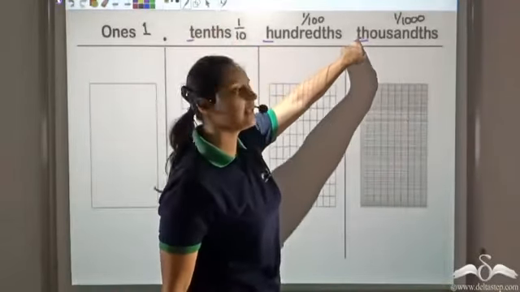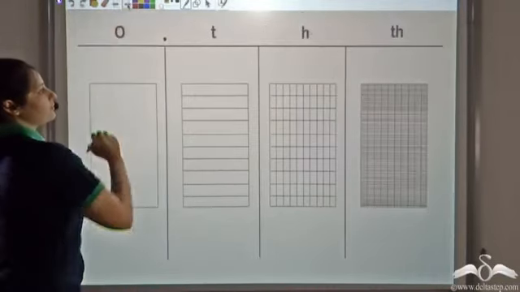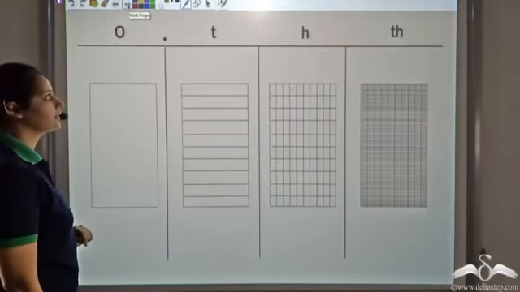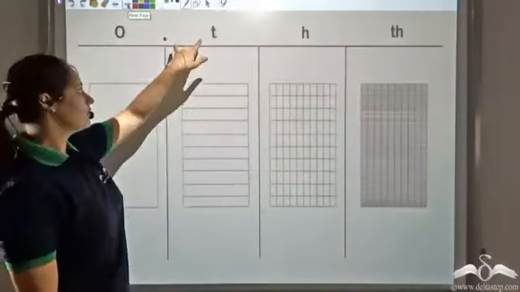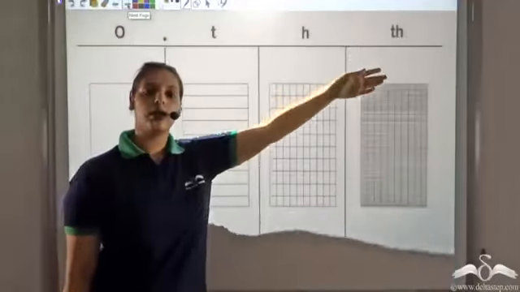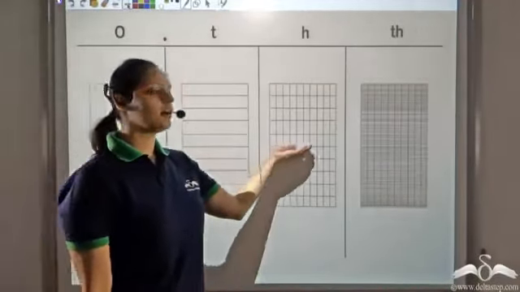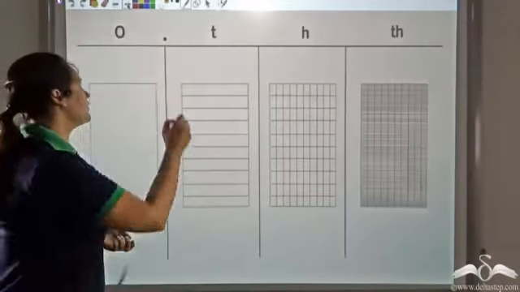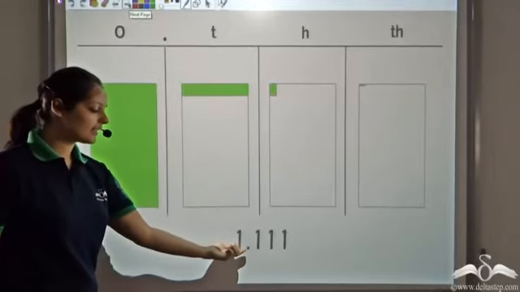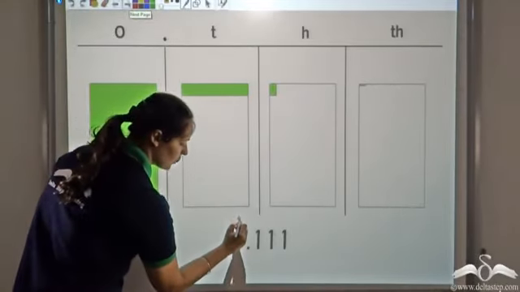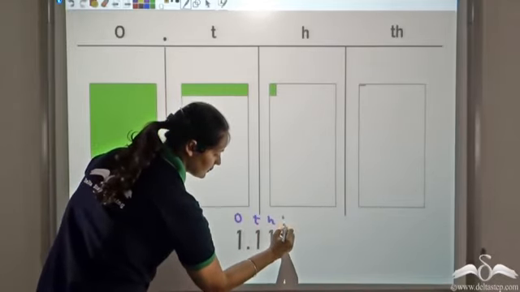So I represent it by th, which is thousandths. So these are the first 3 decimal places. You can continue having more decimal places also, but these are the first 3: tenths, hundredths and thousandths. Now let us look at this number 1.111. This indicates 1 ones, this is tenths, this is hundredths, this is thousandths.